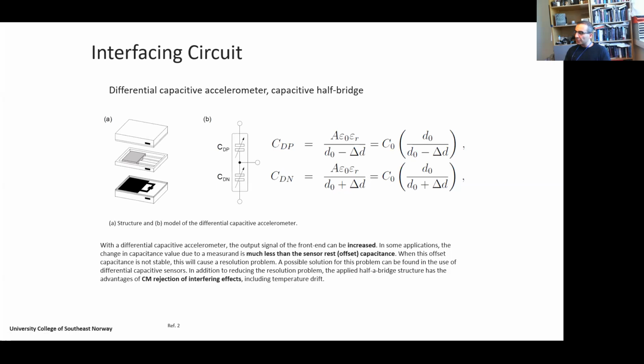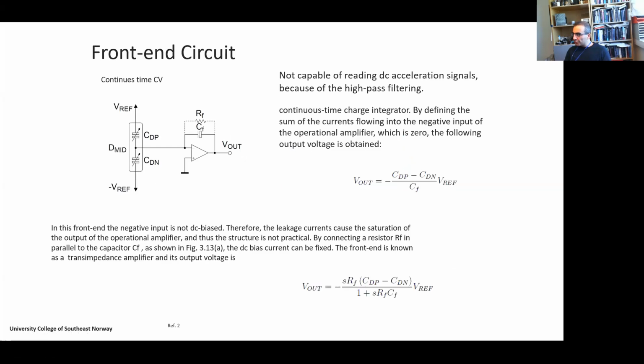So we go back to our circuit, which is a differential sensor. Then how do we bias such a system, which is differential? We can have a time continuous biasing, or continuous time C to V conversion, basically by applying a DC voltage on each node, outer nodes of this capacitor.